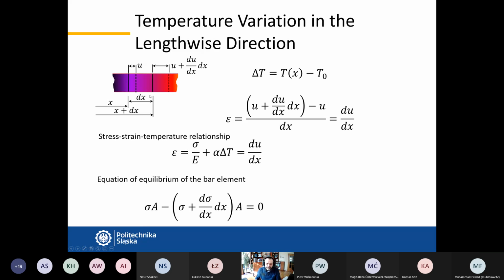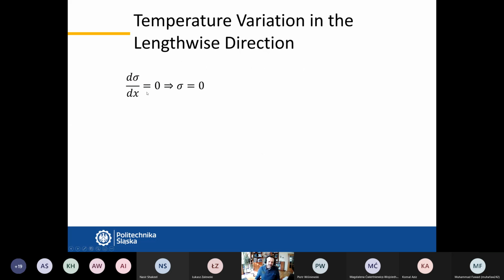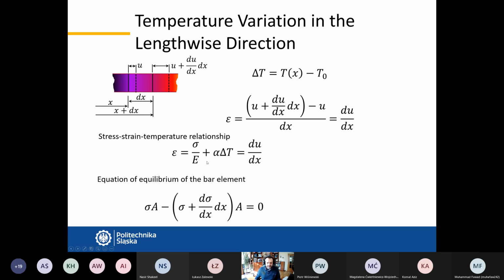If you combine them together, if there is no external loading, this means that d sigma over dx is 0, so sigma would be constant in such a case. Here we have this formula, epsilon is du over dx, so u is epsilon dx.